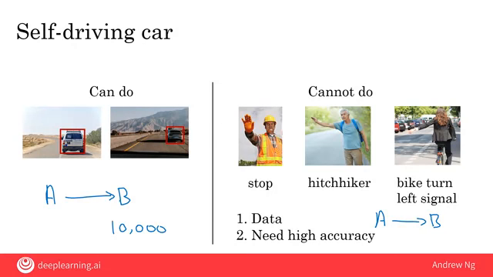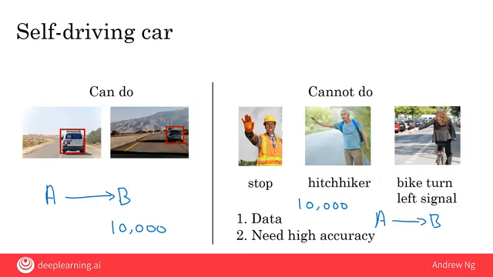In contrast, even if you collect pictures or videos of 10,000 people, it's quite hard to track down 10,000 people waving at your car. Even with that data set, I think it's quite hard today to build an AI system to recognize human intention from their gestures at the very high level of accuracy needed in order to drive safely around these people.